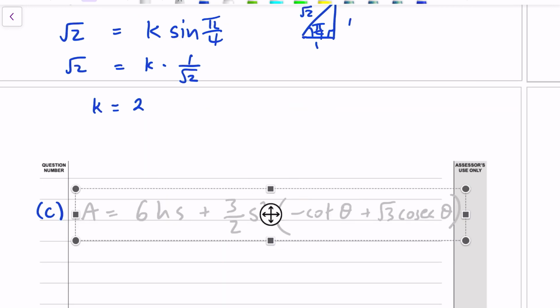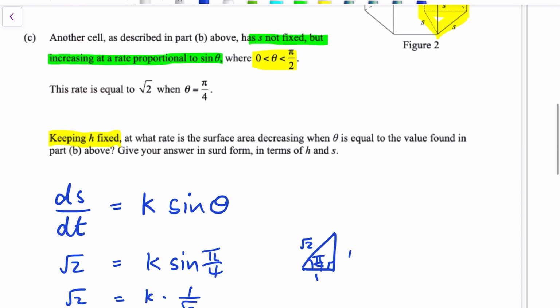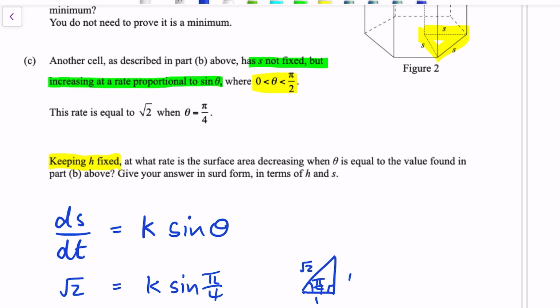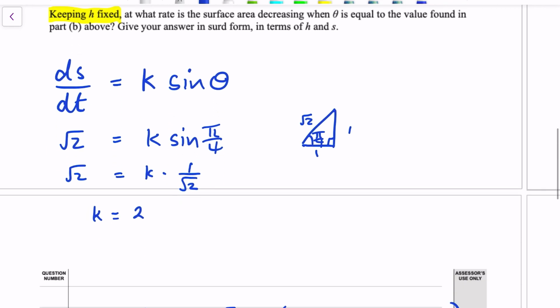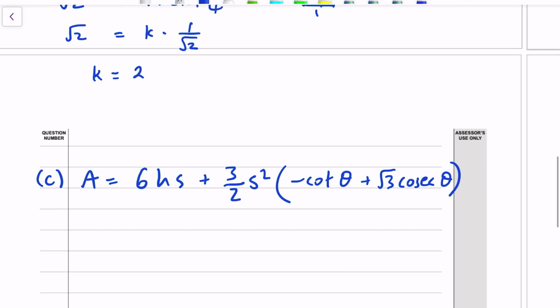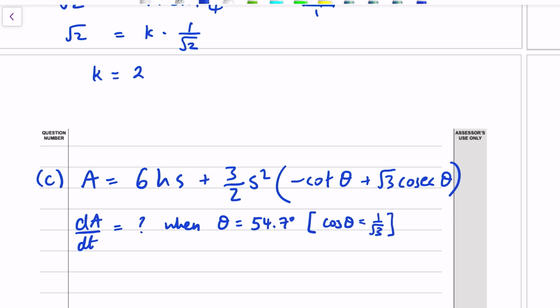Okay, so here's our area formula, and the question is saying at what rate is this decreasing? So dA/dt is what we're wanting to find, when theta is equal to 54.7 degrees, which is the same as cosine theta is 1 over root 3.